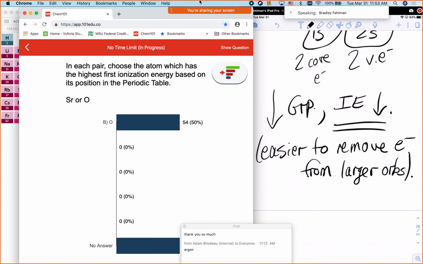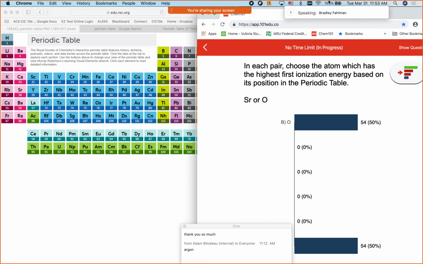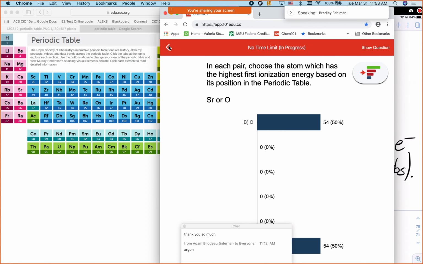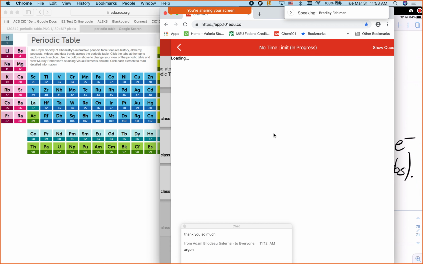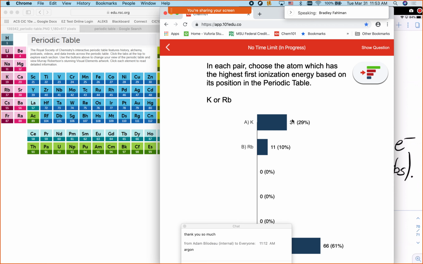That is strontium versus oxygen, and then the last one is potassium or rubidium. Again, as you go down a group, it's easier to remove electrons, so potassium would have the highest one there.